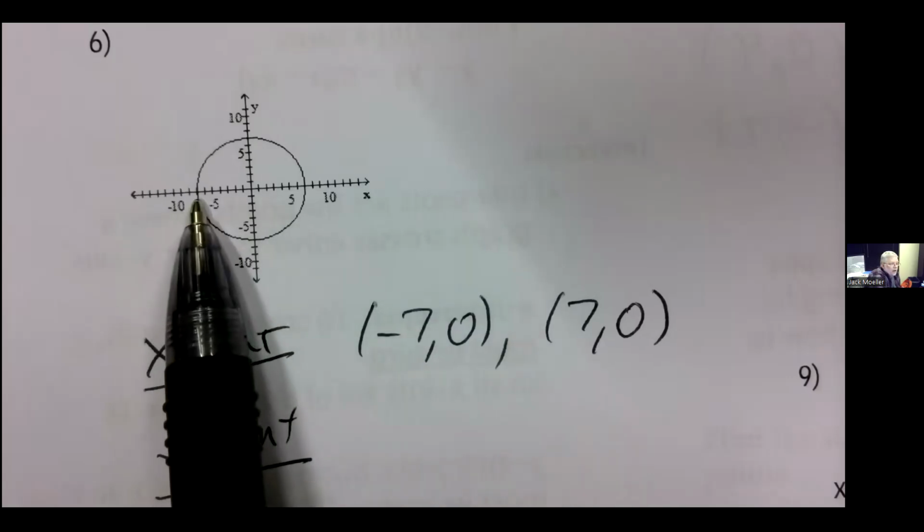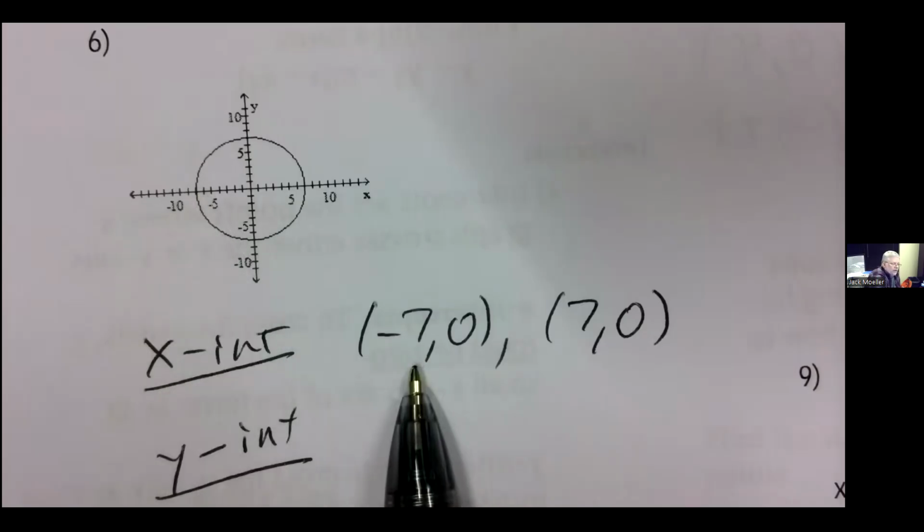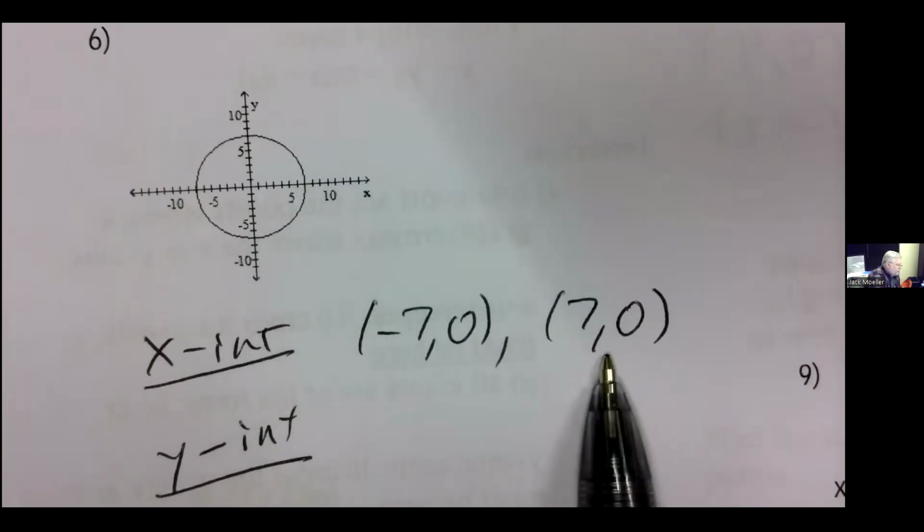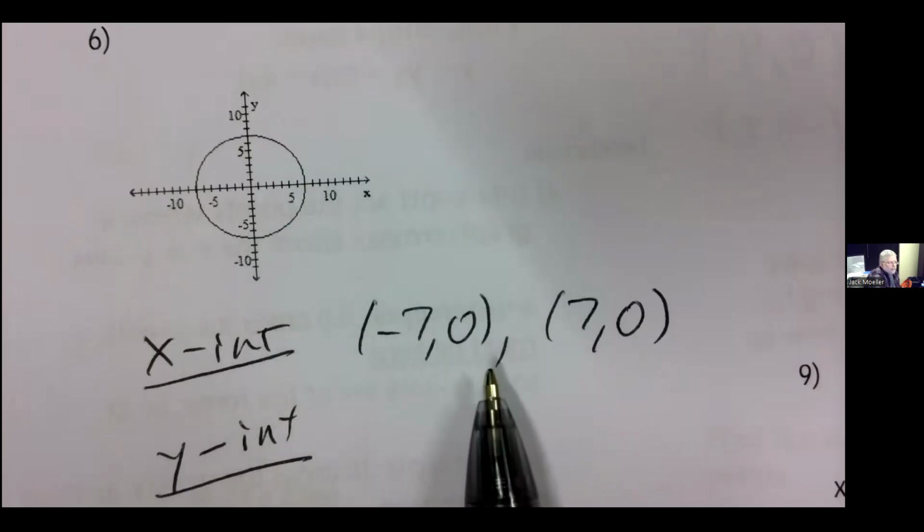Over here at -7, and then y is 0 because we're not moving up or down. So there's the left x-intercept. The right intercept, 5, 6, 7, yeah, that's 7. Again, the y is 0 for the x-intercept. So those are my two x-intercepts.